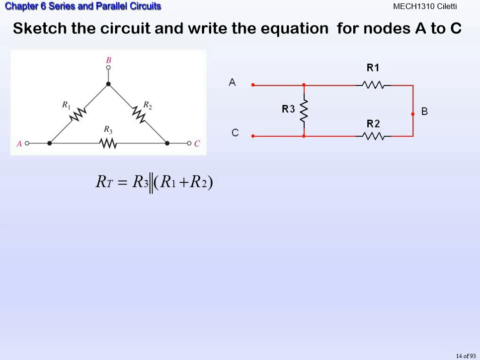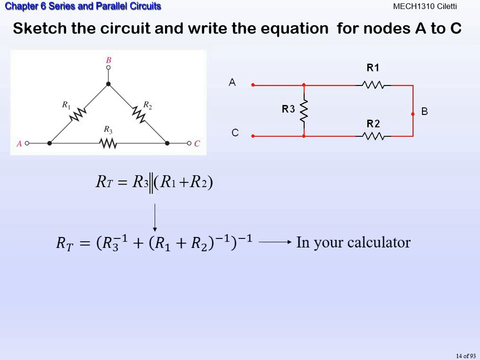What the series combination is versus the parallel piece with it? Now R3 is in parallel with the R1 plus R2 series combination. Please revisit parallel if you're getting lost here, because parallel means they're sharing the same nodes on both sides of the component. Series means they're only sharing one node. So R1 and R2 only share node B. But notice R3 and the combination of R1 and R2 share node A and node C.